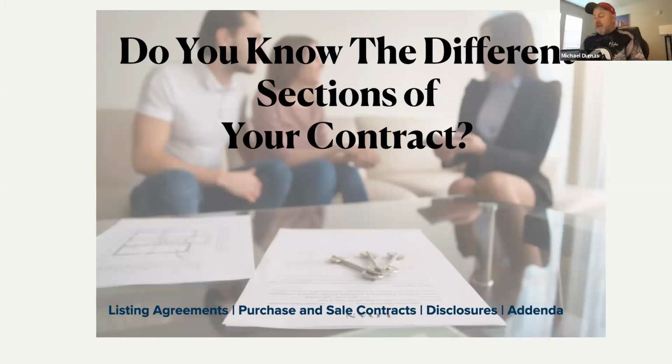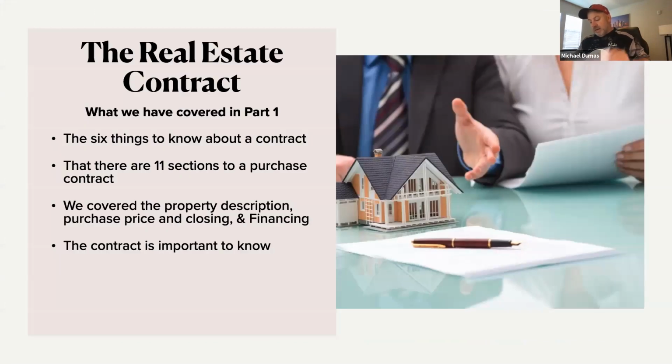So today we are going to go over the section starting on page, I'm out of order here, sorry, page 3: the closing costs, fees, and charges. But before we get to that, let's quickly review what we covered.